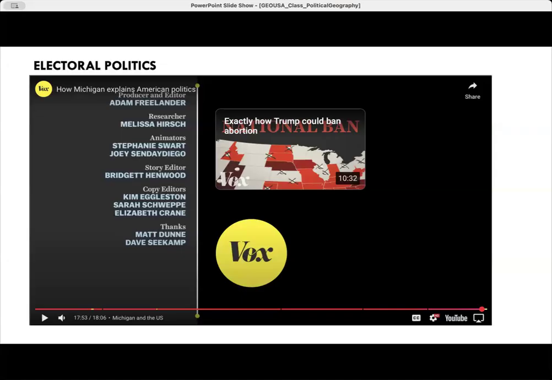Now, if you were to look at a map of ballots counted for the 2024 election for the state of Michigan, you would quickly see that the majority of rural counties, or smaller counties with smaller populations, overwhelmingly voted for Donald Trump, while the counties with larger populations in urban areas like Detroit and Grand Rapids overwhelmingly voted for Democrats.